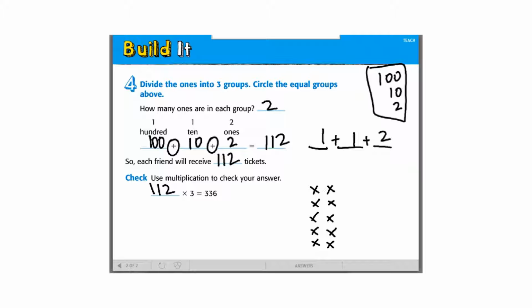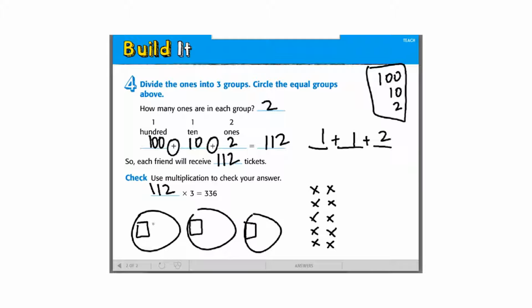So I get that if you've drawn the picture and you have, out of your 3 circles, 1 square in each, 1 long in each, and 2 ones, that would equal 112. And I know that you know that because you have 100, 10, and 2 ones, which makes 112. But all I want you to see is that right here, that's what they're wanting from you on those lines right there.